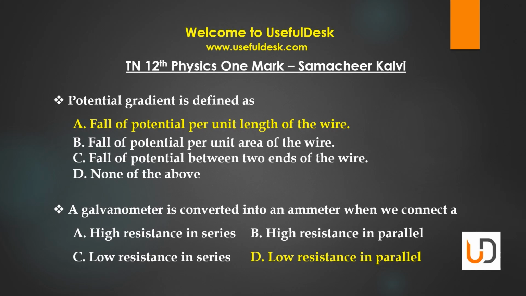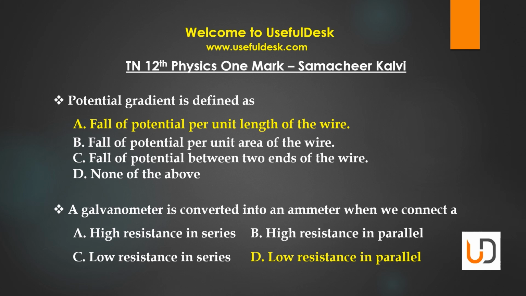The next question is: potential gradient is defined as. The options are fall of potential per unit length of the wire, fall of potential per unit area of the wire, fall of potential between two ends of the wire, none of the above. The correct answer is fall of potential per unit length of the wire.